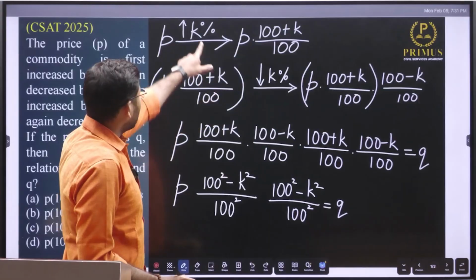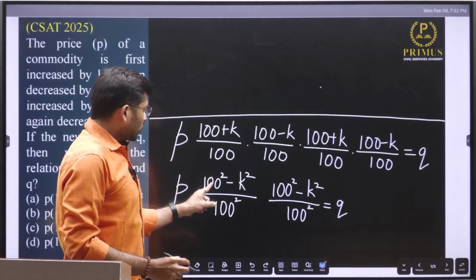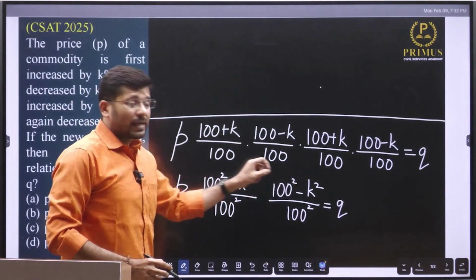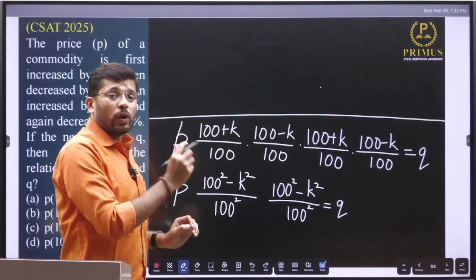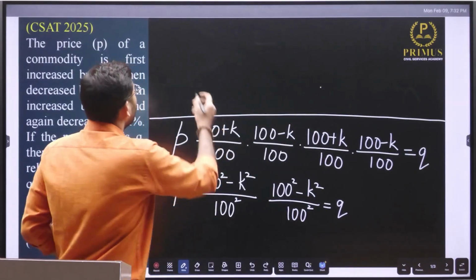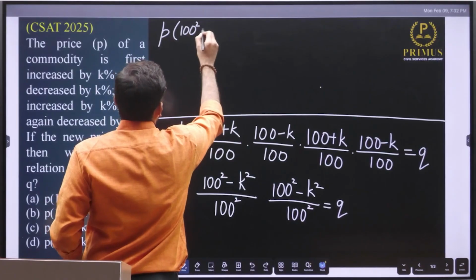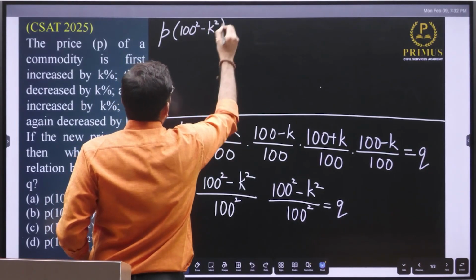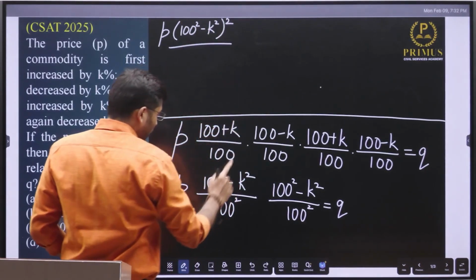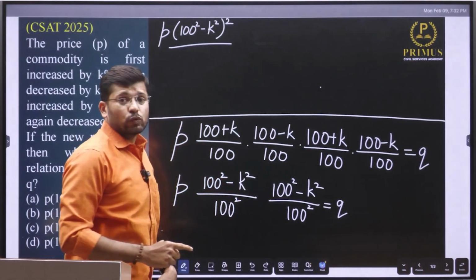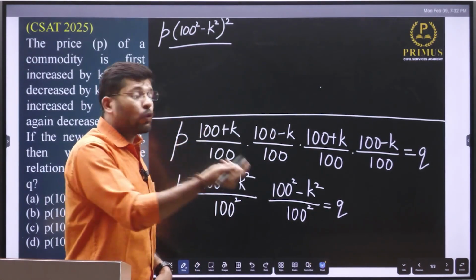Now I will continue the calculation here. You have 100 square minus k square and 100 square minus k square. So can I call it (100 square minus k square) whole square, like this? P into (100 square minus k square) whole square, divided by 100 square into 100 square. Can I call it (100 square) whole square?